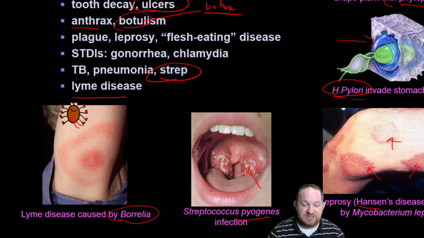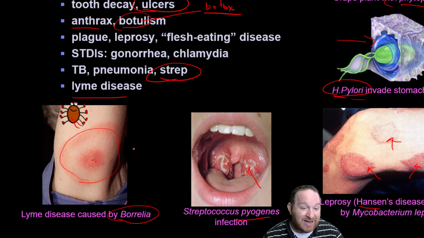You can see here in this example, the tick bit here, and we see this typical pattern around the bite mark. This pattern is very typical in tick bites. So if you see this pattern, it's really a sign that you might want to get that checked out because you might have been bitten by a tick.